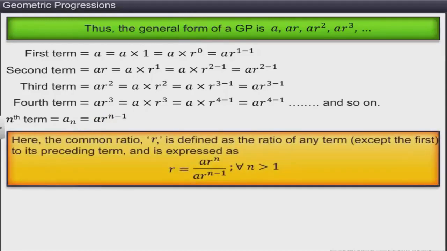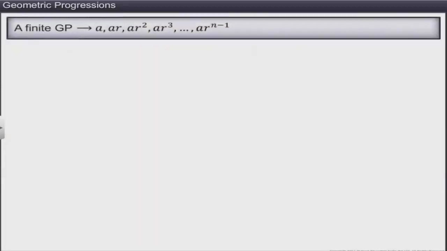A finite GP has a finite number of terms, while an infinite GP has an infinite number of terms. Correspondingly, the sum of the finite number of the terms of a geometric progression is called a finite GP series, while the sum of the infinite number of terms of a geometric progression is called an infinite GP series.